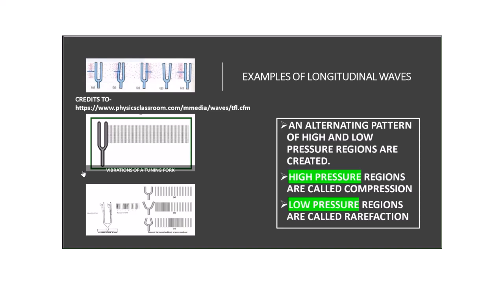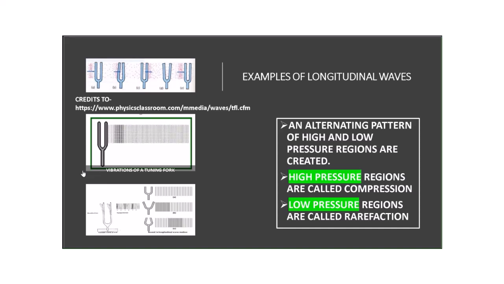As a tine stretches outwards from its usual position, it compresses the surrounding air molecules into a small region of space. This creates a high pressure region next to the tine. As the tine then moves inwards from its usual position, the air surrounding the tine expands.